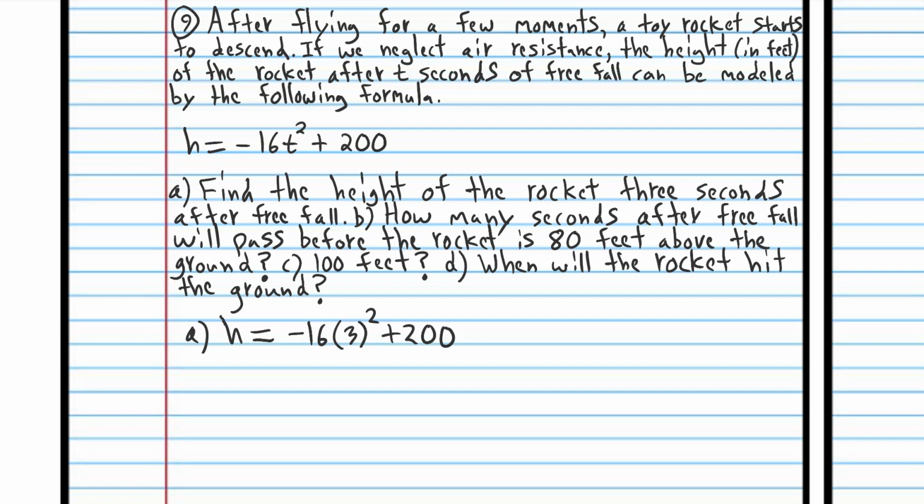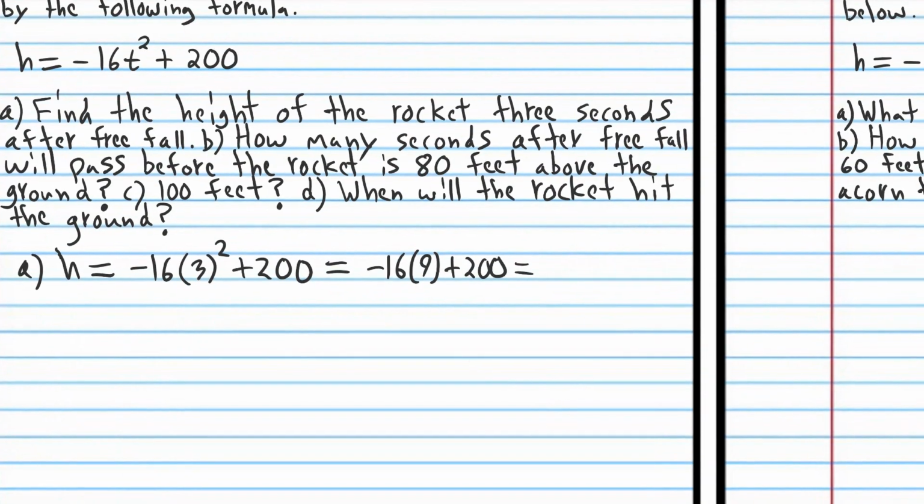Now we have to follow PEMDAS, the order of operations. PEMDAS tells us parentheses first. There's nothing to simplify in the parentheses, so we just skip to exponents. 3 to the second power is 9. And PEMDAS tells us to do multiplication next.